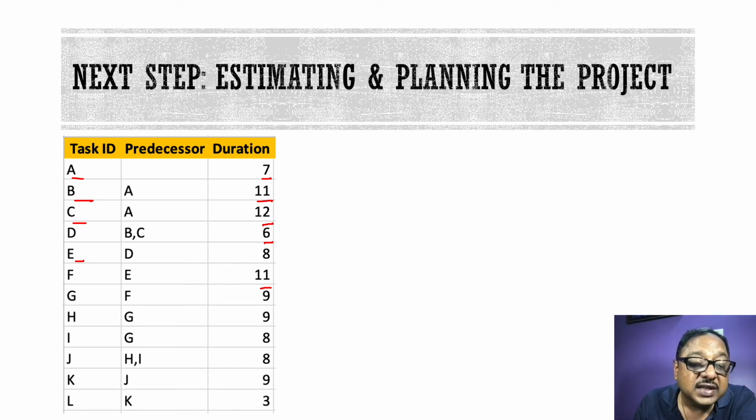Anyway, after the estimations have been done, then we can make an initial plan. That is, I can plan that I can do task B only after I have finished task A. So I need to make a plan that task B has a dependency on task A, that I cannot start task B till task A is completed. There are various kinds of dependencies. We will discuss that later. However, we have to plan these dependencies.